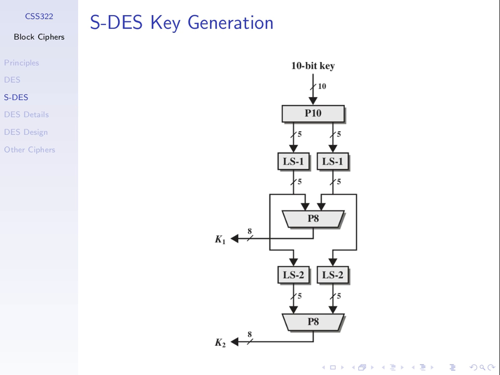So we do the same on the right half. A left shift by one position. The second bit becomes the first bit. And we get these 10 bits as an output, or two halves, the left half and the right half.